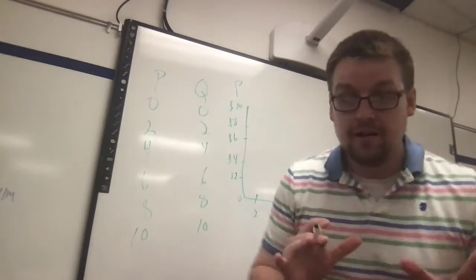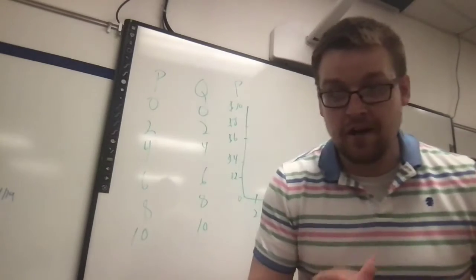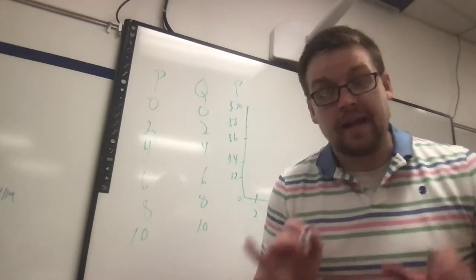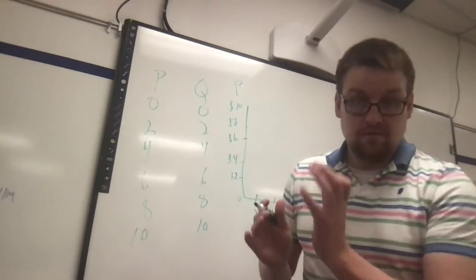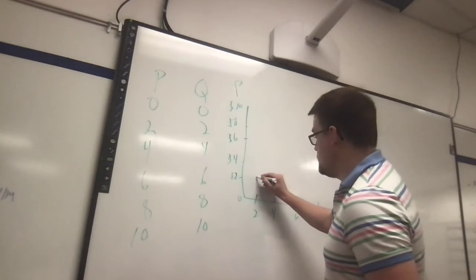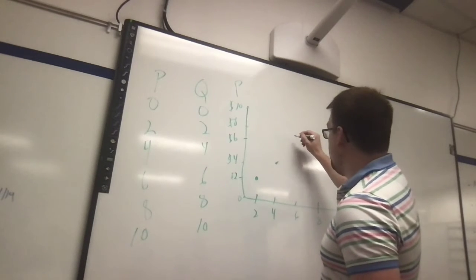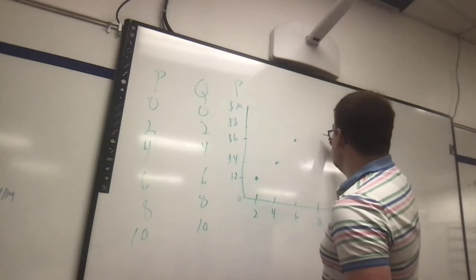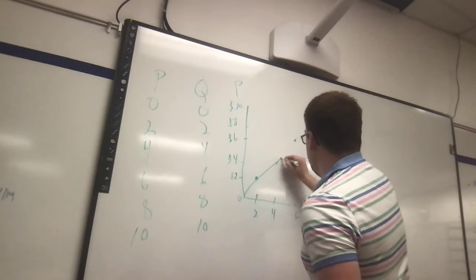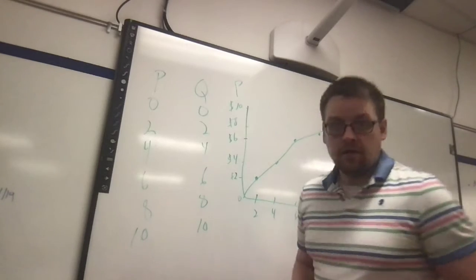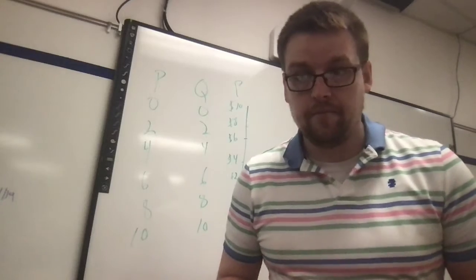This time, remember, demand is downward, D and D, Dungeons and Dragons. So we have that downward sloping line. Now, opposite with supply, we're going up. So at $2 we can start here. $4 will go to 4 supplied, 6 and 6, 8 and 8, 10 and 10. So we have an upward sloping line. That's what we're looking at here.